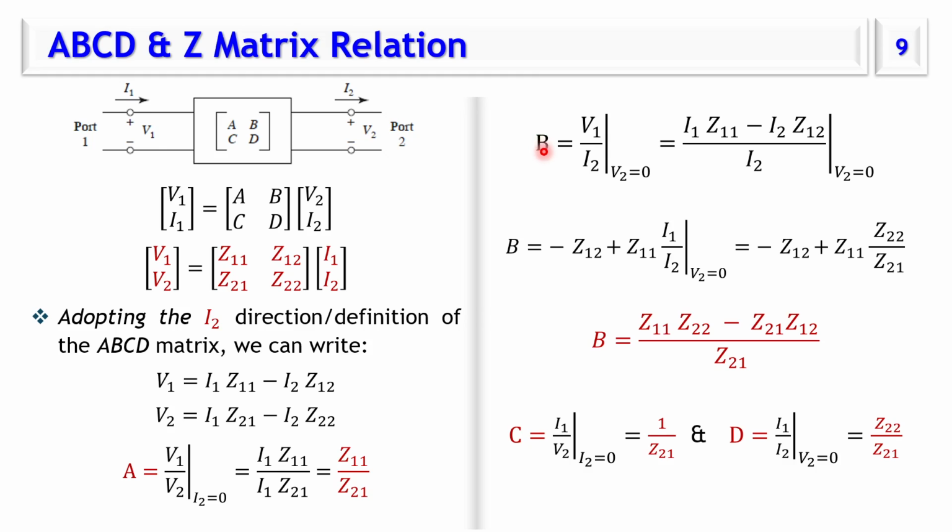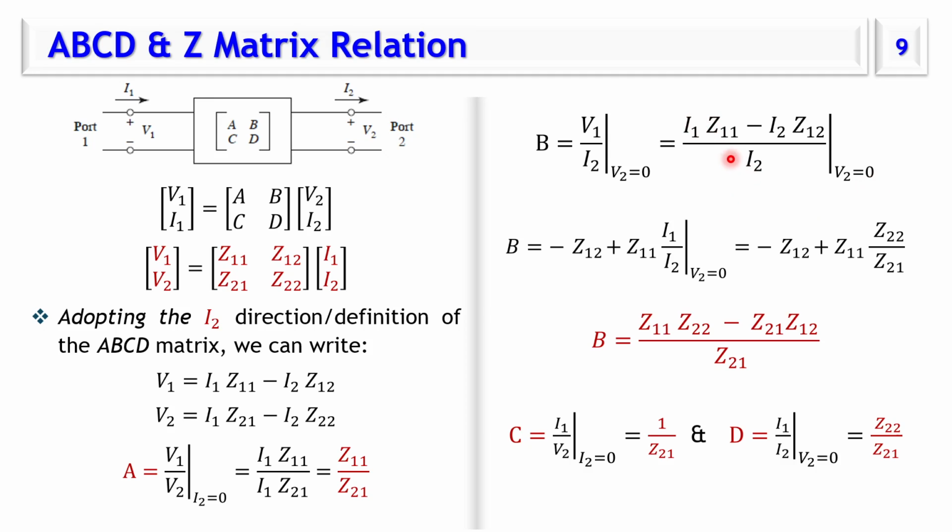Again, go for the definition of B. B equals V1 divided by I2 when V2 equals 0. V2 equals 0, so I1 Z21 equals I2 Z22, so those two terms equal one another. So V1 over I2: V1 equals I1 Z11 minus I2 Z12, divided by I2 when V2 equals 0.